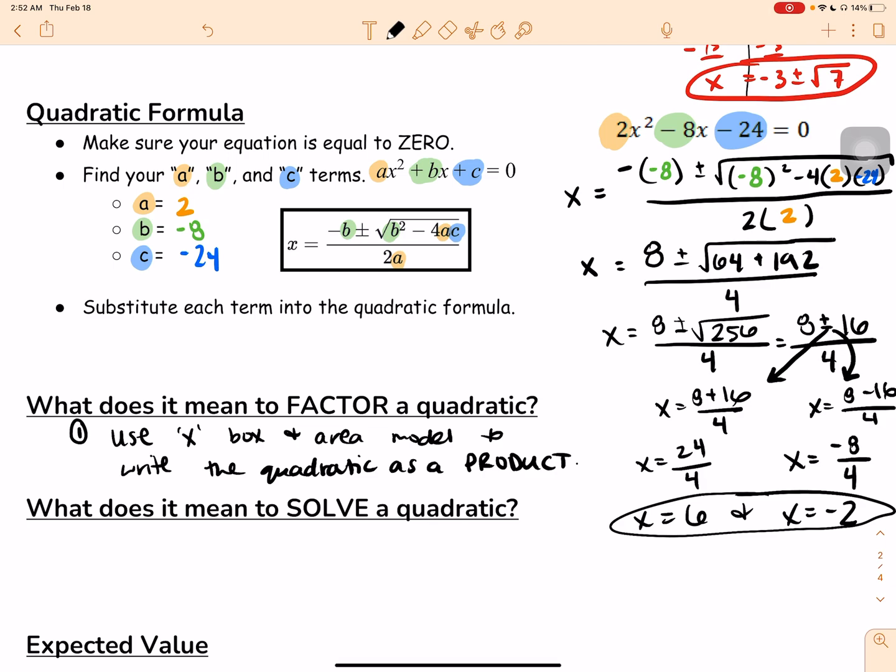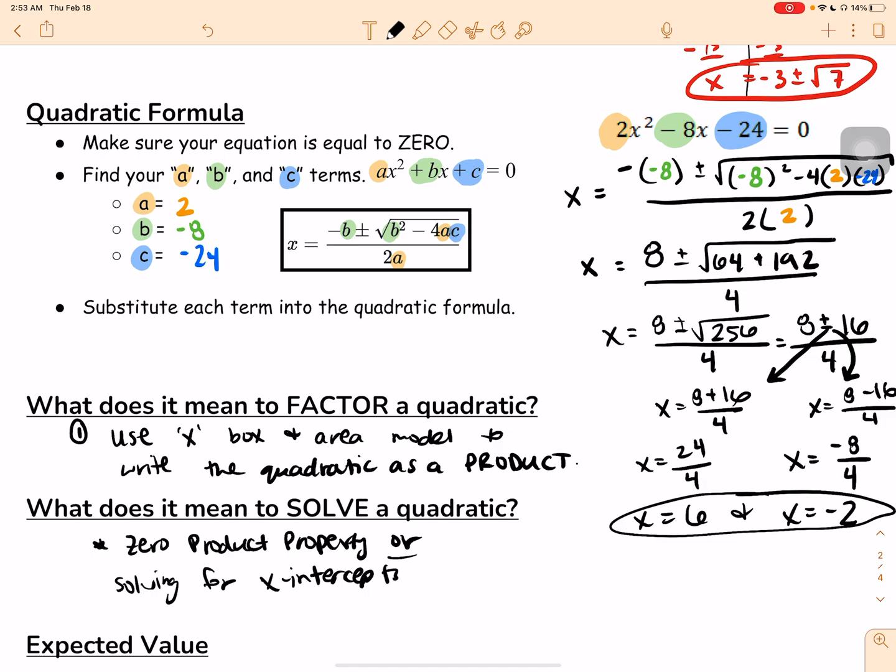And then we can use the zero product property, or solving, which really just means solving for the x-intercepts. Another way, you can factor like the basic method, or use completing the square or the quadratic formula. Desmos can help you out, all that good stuff.